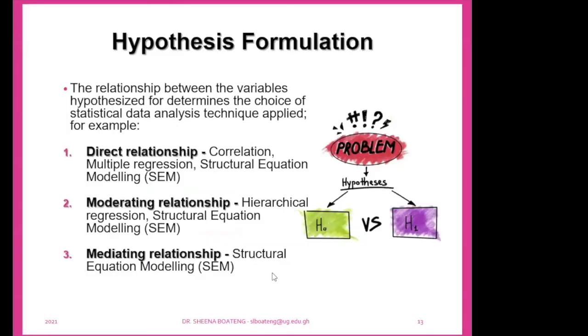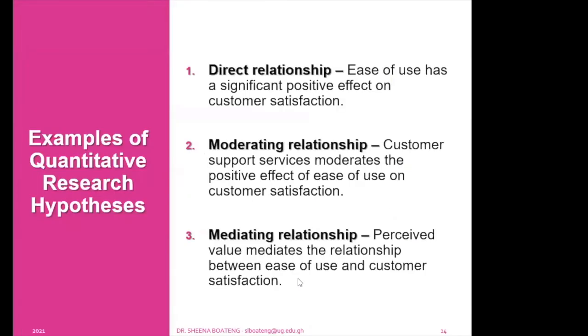Now that we have seen the different kinds of variables, let's look at how these variables can be put in the form of a hypothesis, to formulate the relationships between them. When we talk of a direct relationship, we can have the following hypothesis: ease of use has a significant positive effect on customer satisfaction, right?